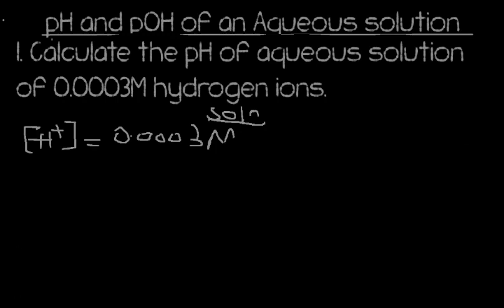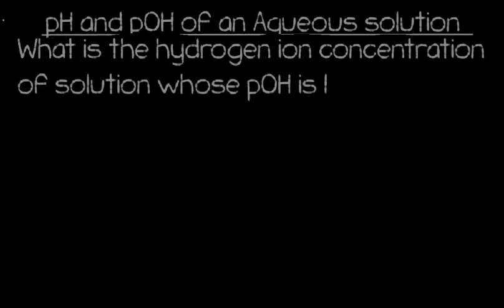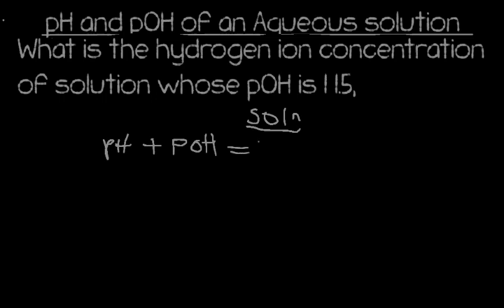Let's continue. Let's look at this question. What is the ion concentration of a solution whose pOH is 11.5? Oh, what a nice question. So we are given the pOH to be 11.5. But we all know that pH plus pOH is equal to 14. So thereby we can find the pH easily.